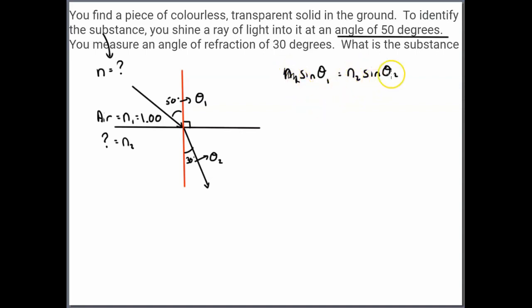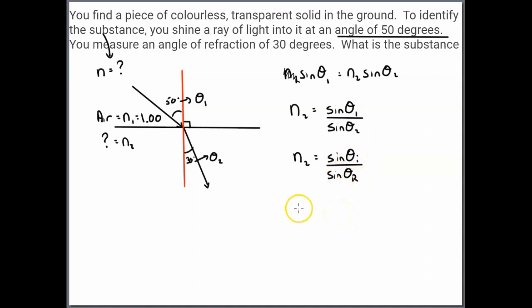If we rearrange for n2 by dividing both sides by sine theta 2, we get n2 equals sine theta 1 over sine theta 2. Depending upon your class, maybe you wrote it as sine theta i, because that's the incident angle, and sine theta r, because that's the refracted angle.